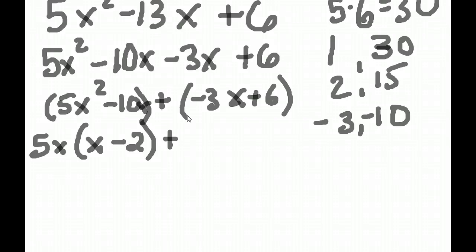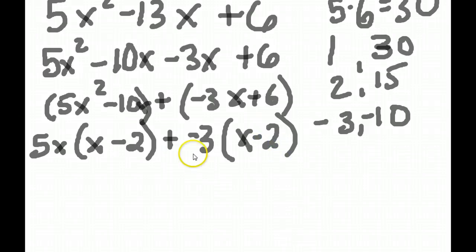So what can we take out of the second term, negative 3x plus 6, to make what's left inside the parentheses x minus 2? We can take out a negative 3, because negative 3 is a factor of negative 3x and of plus 6. So we take that out. So we have 5x open, x minus 2 close, plus negative 3 open, x minus 2.